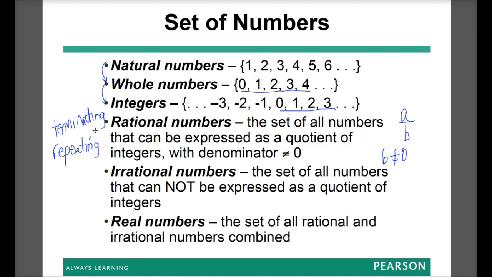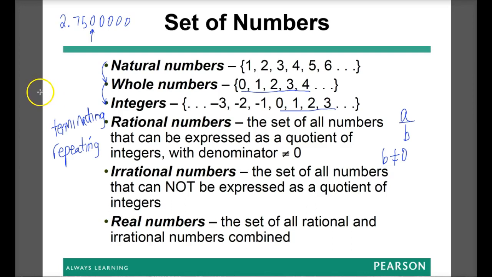All right, so to give you an example of a terminating decimal, that would be like the number 2.75. And so we call it terminating because we could terminate the number with a 0, or we could do it with a bunch of zeros, and it doesn't change the quantity of that number. So that is an example of a terminating decimal.